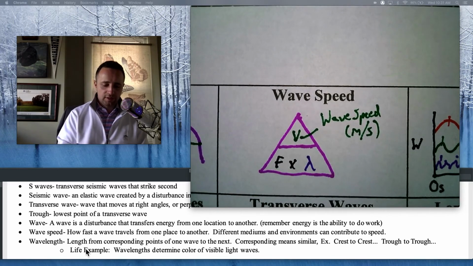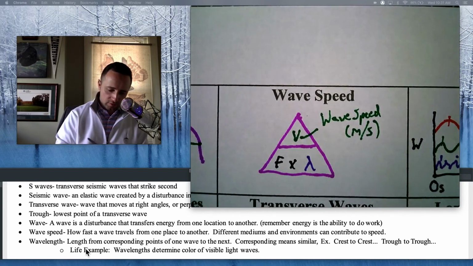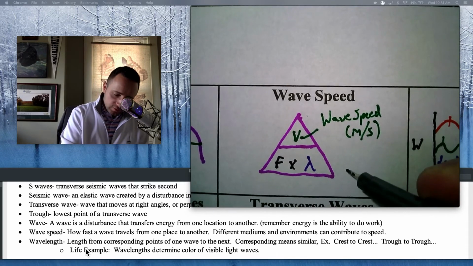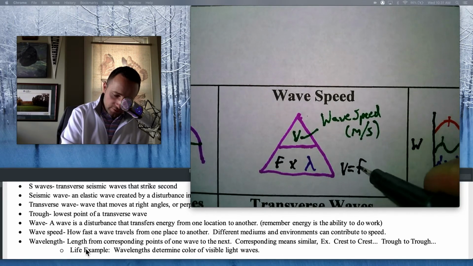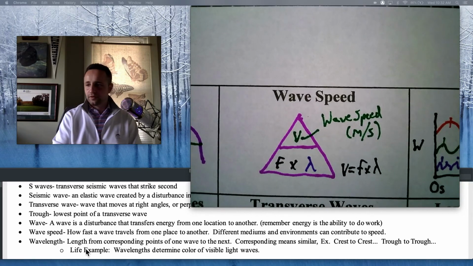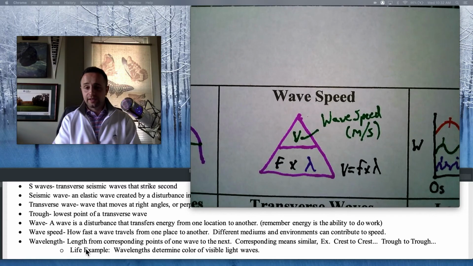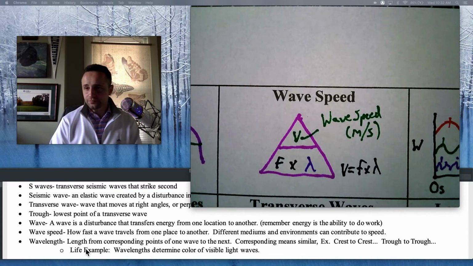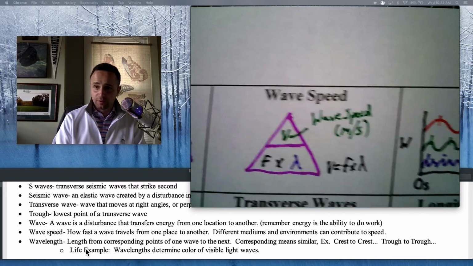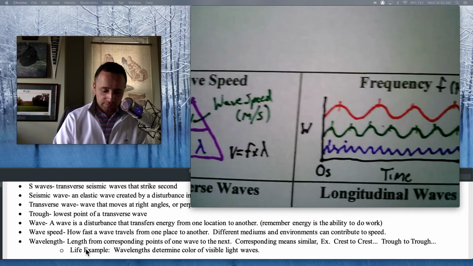So wave speed equals frequency times wavelength. I'll write it right here for you. V equals F times wavelength. That's how you calculate wave speed. So if anybody gives you a problem, you have the equation for it now.